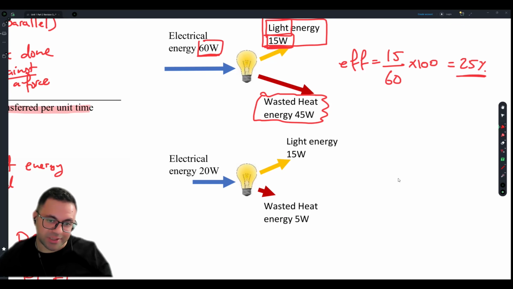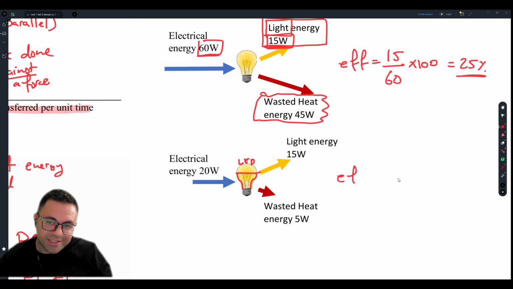Let's check out this light bulb. Maybe this is not a filament lamp. Maybe this is an LED. The advantage of LED light bulbs is that they don't heat up very much.